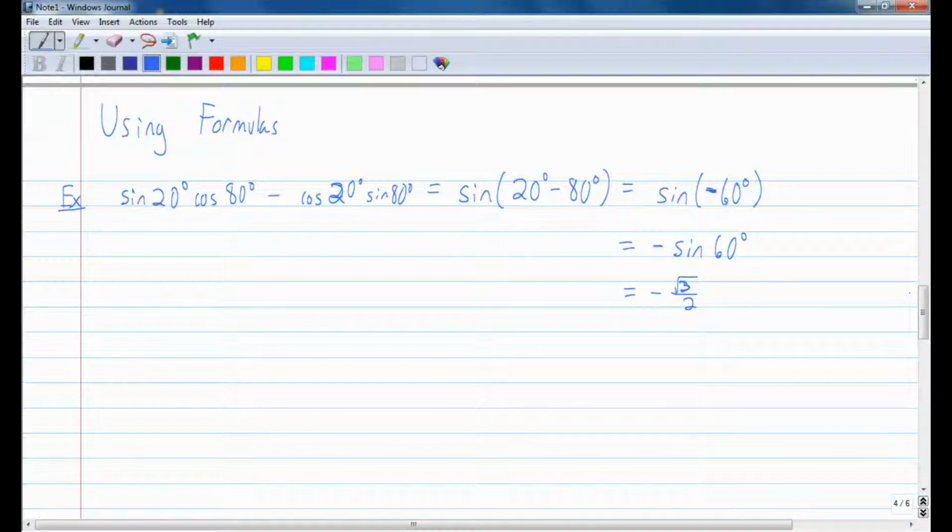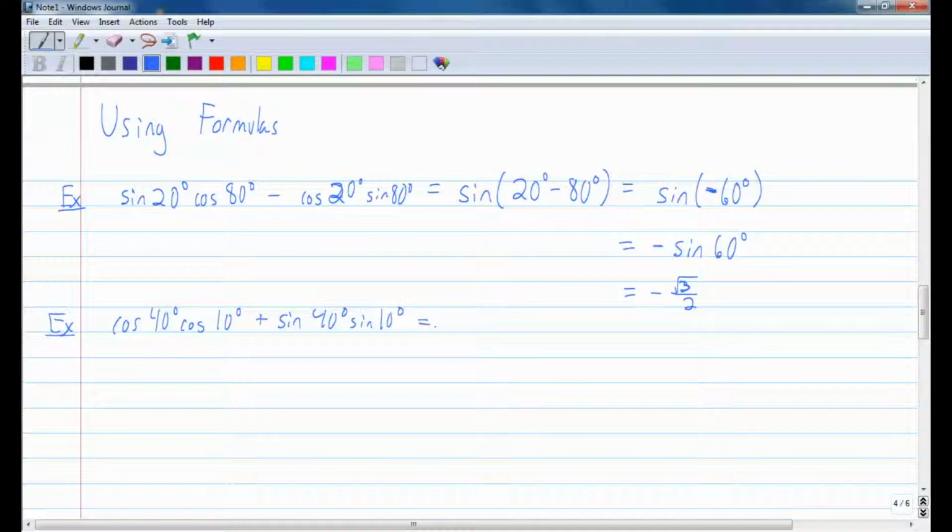Alright, let's do another one like that. So the cosine of 40 degrees times the cosine of 10 degrees plus the sine of 40 degrees times the sine of 10 degrees. So we see cosine, cosine, sine, sine.